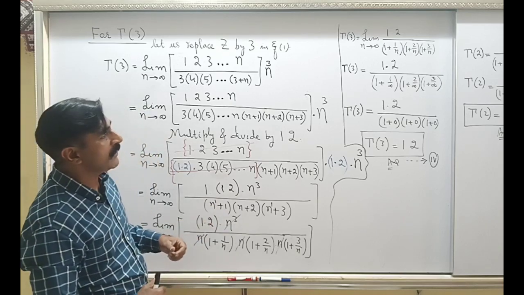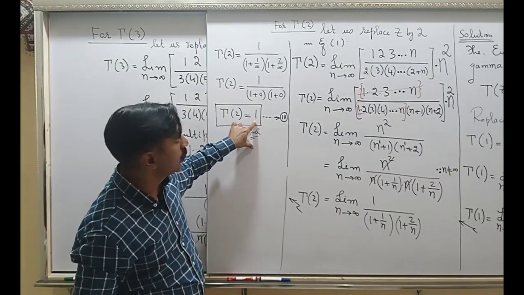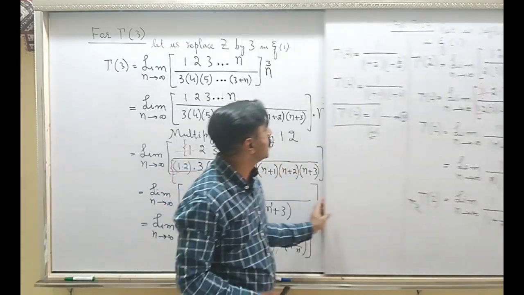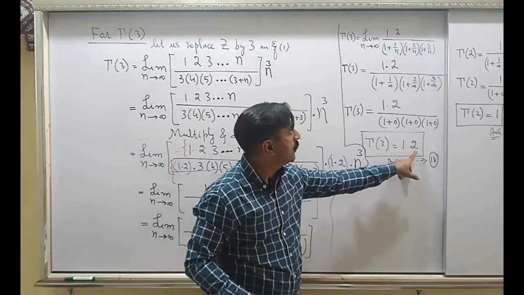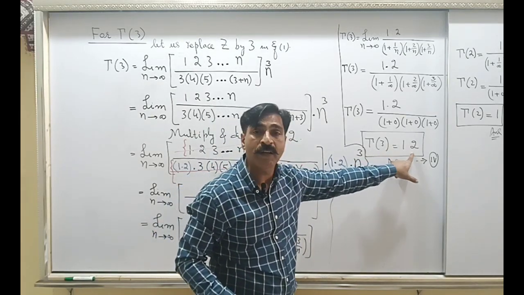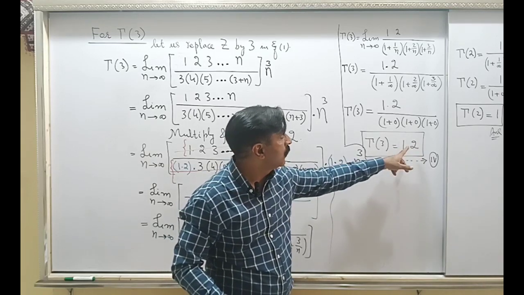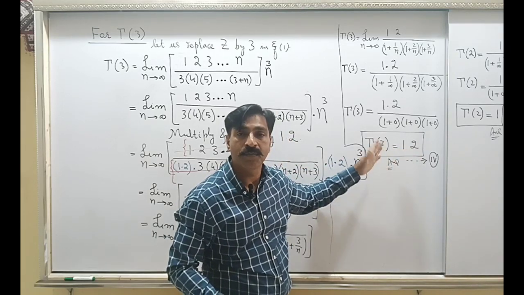Now we have calculated gamma 1, that was 1, and gamma 2 was also 1, and gamma 3 is now 1 into 2. What will be gamma 4? The pattern is not so far visible. So for the purpose of generalization, we should calculate gamma 4 first.